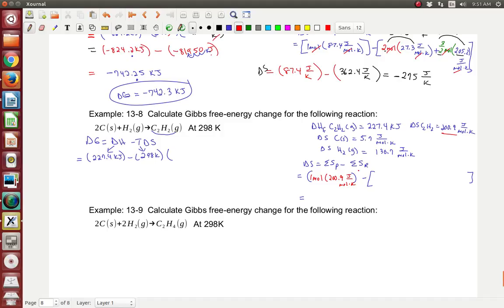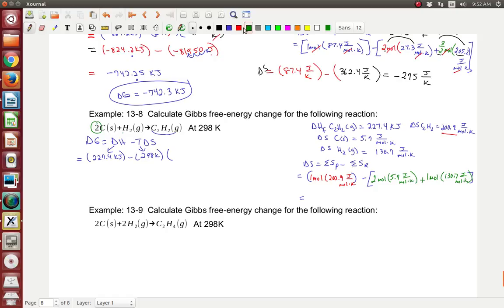And then the summation for the reactant side, we have 2 moles this time of carbon, forgive me, so 2 moles times the value for carbon, 5.7 joules per mole Kelvin, plus, because it's a summation, we only have 1 mole of hydrogen times 130.7 joules per mole Kelvin.